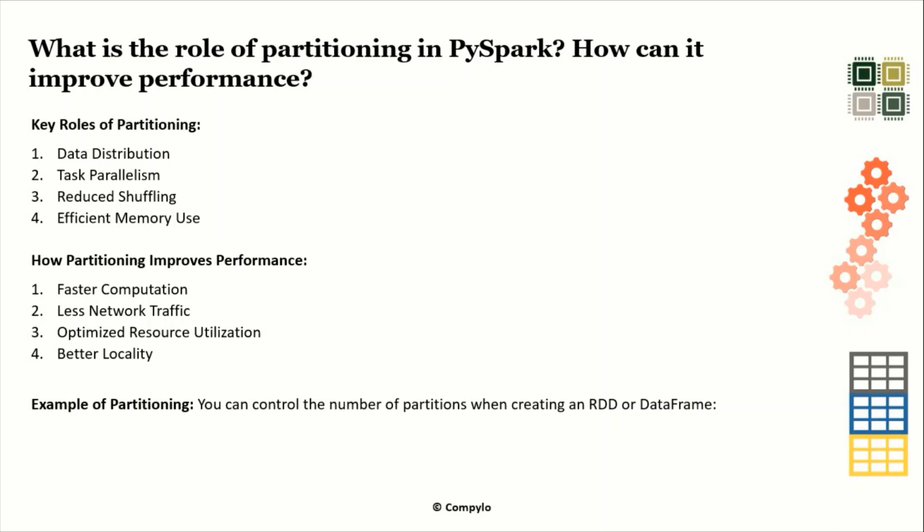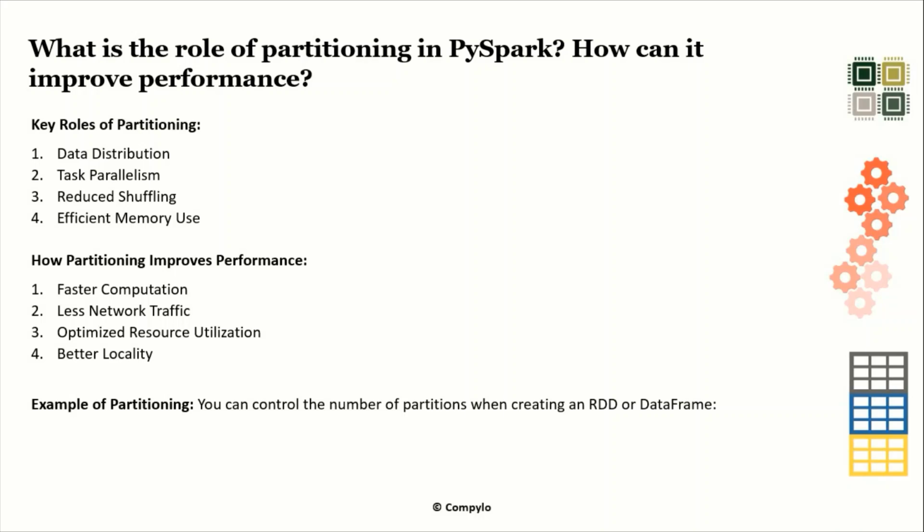First is data distribution. Partitioning determines how data is split into small chunks, that is partitions, and distributed across the worker nodes in a Spark cluster. Each partition is processed independently, allowing parallel execution.